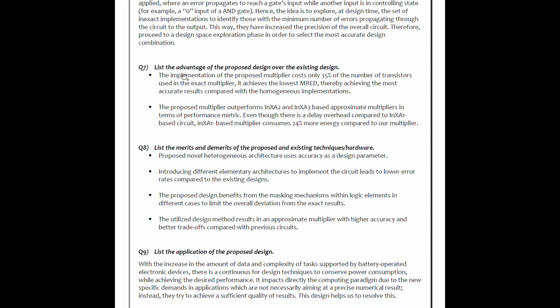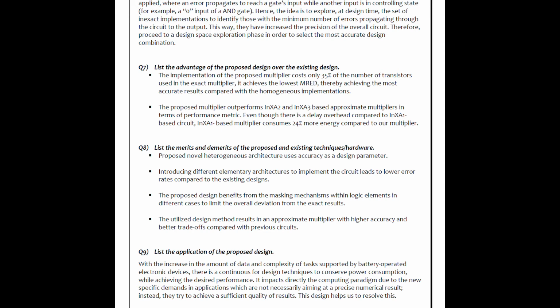Then the seventh question is about listing the advantages of the proposed design. So I have listed two advantages. First one is that the implementation of my proposed multiplier costs only 35% of the number of transistors used in the exact multiplier. Second one is that the multiplier that was proposed outperforms the in XA1 and in XA3 based approximate multipliers in terms of performance metrics.